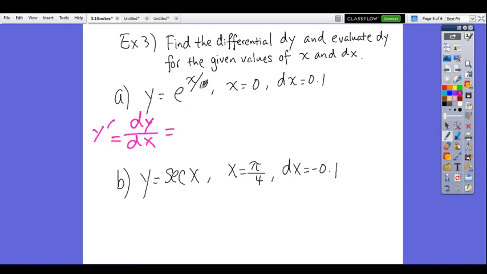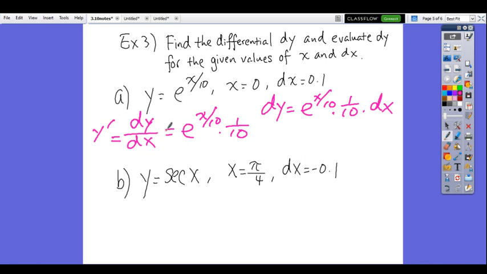So for the derivative of this, that'll be e to the power of x over 10, but don't forget about the chain rule, so it's 1 over 10. So dy is the same as e to the power of x over 10 times 1 over 10, and then times dx. Okay, so for dy, we just isolate that.